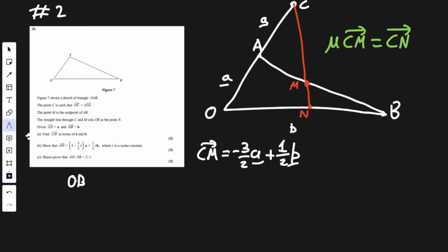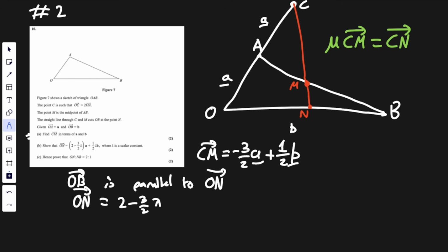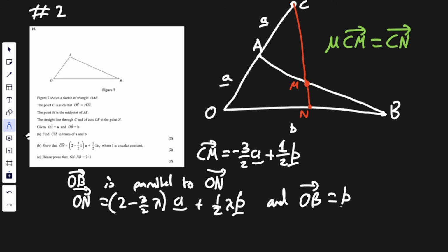and you had to use the fact that O to B is parallel to O to N, i.e. there can't be any a part. So if O to N equals 2 minus 3 over 2 lambda a plus a half lambda b, and O to B is just equal to b, we get that 2 minus 3 over 2 lambda is equal to 0.